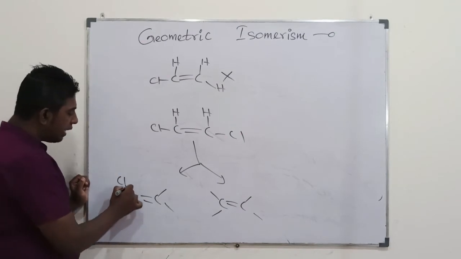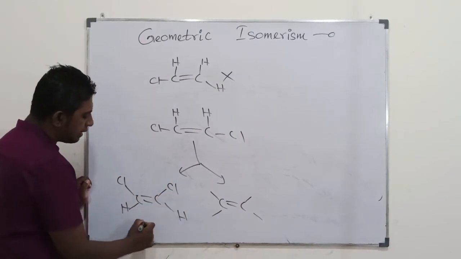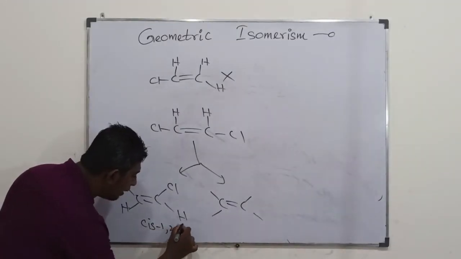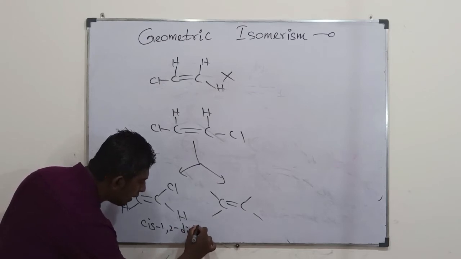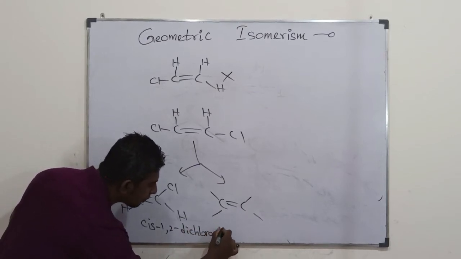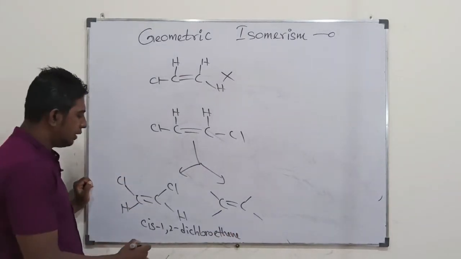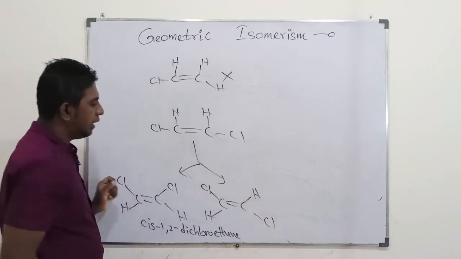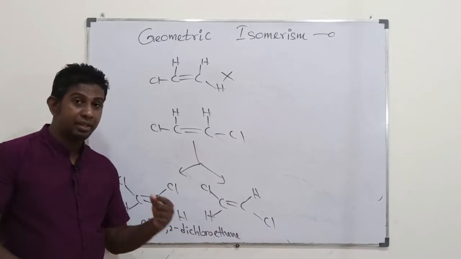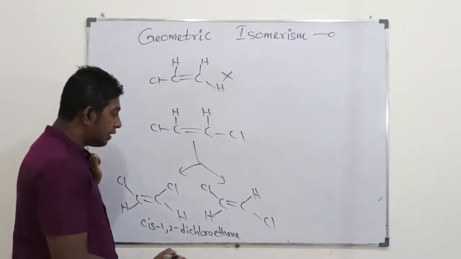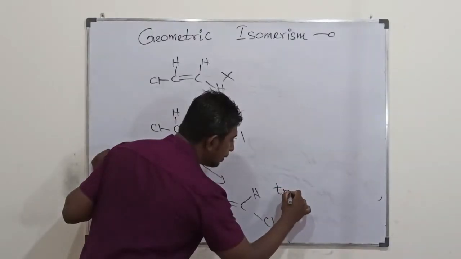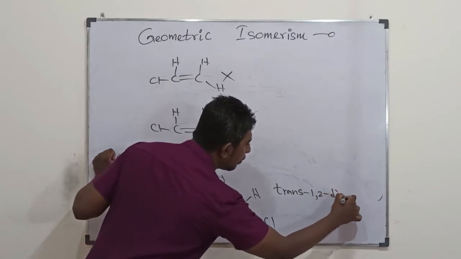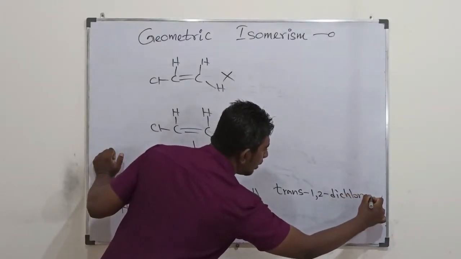It's chlorine, hydrogen, the cis-1,2-dichloroethene. So then the other type is chlorine, hydrogen, chlorine. These chlorines are at opposite sides. So it's trans-1,2-dichloroethene, the name of that.